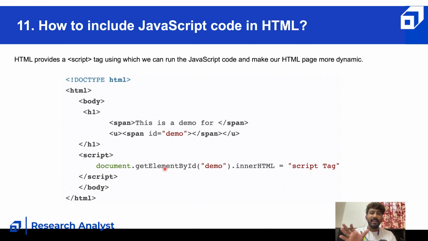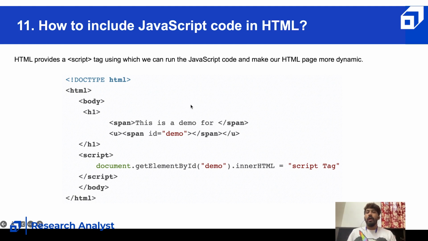They are basically trying to demonstrate how to use this particular script tag within HTML code. So this basically will get the element by id, and it will display the content which has been entered by us. Okay, so it's a pretty simple JavaScript code in an HTML page. So this is one way using the script tag. The other way is to embed it using a separate JavaScript file.